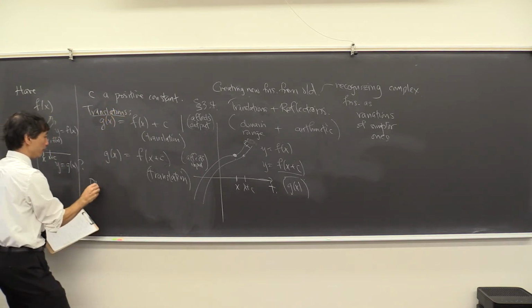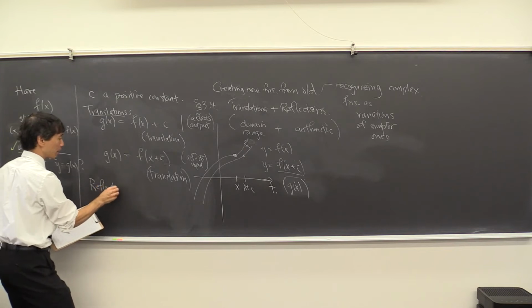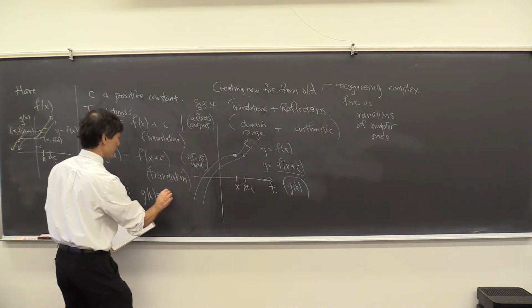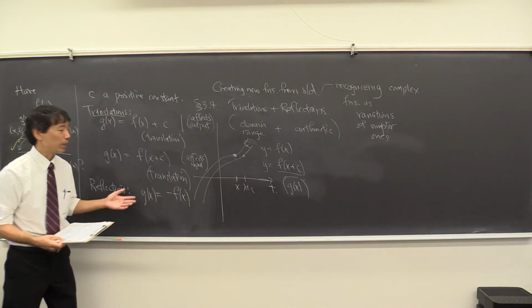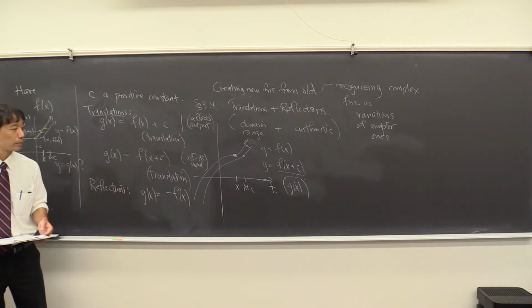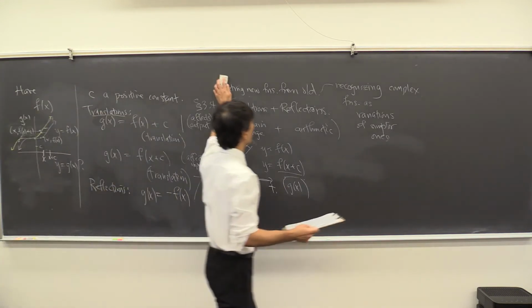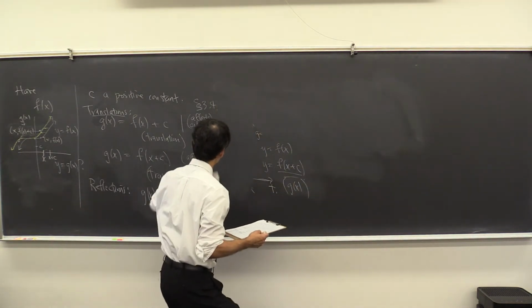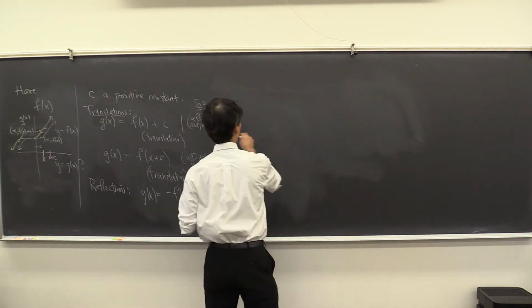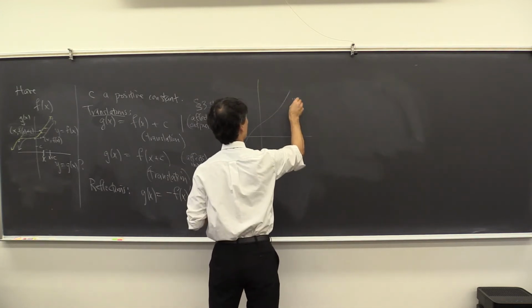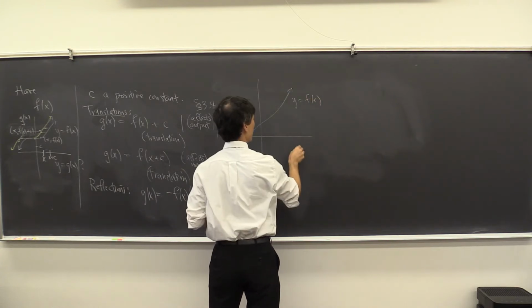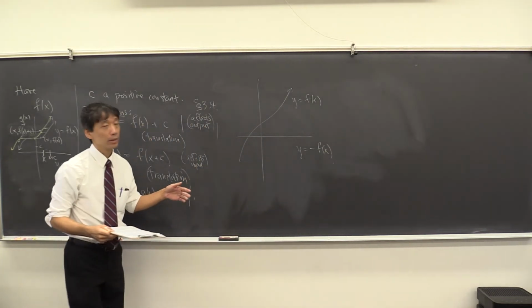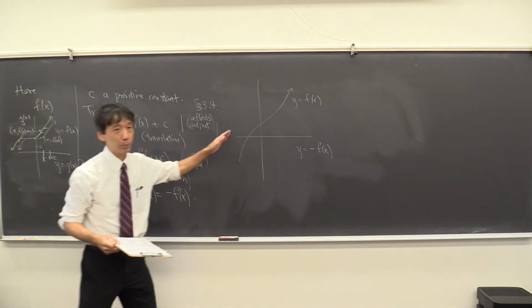And then there's another class of things called reflections, where you take the function and multiply it by -1. So you have your function y equals f of x, and then you create this new function y equals negative f of x. What's going to happen?